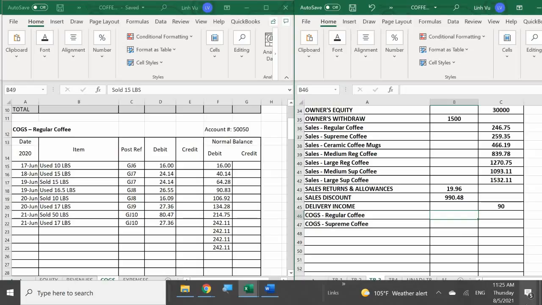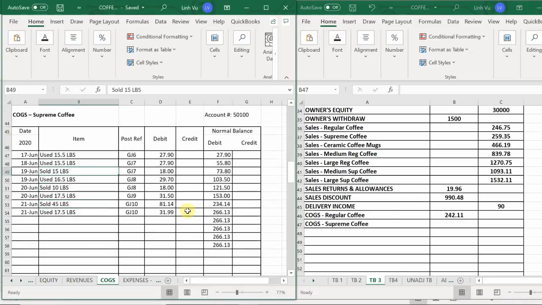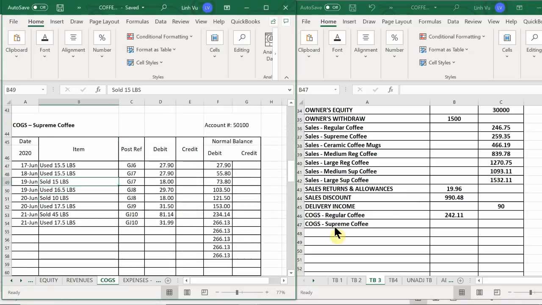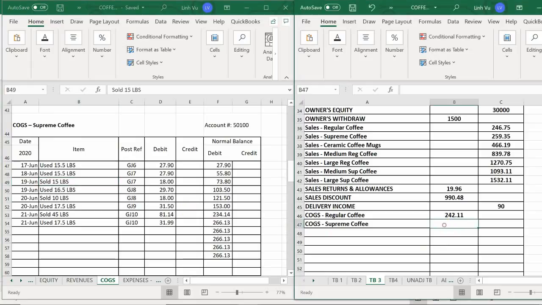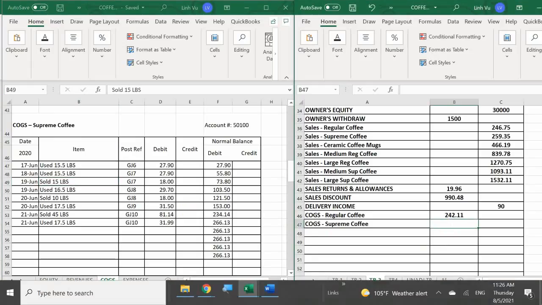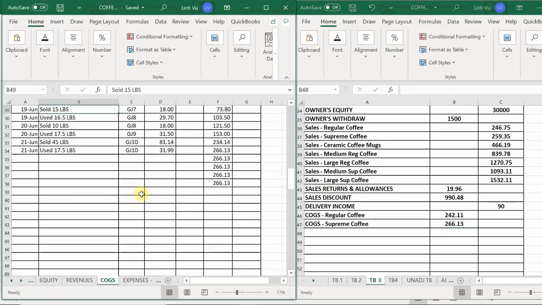So in this case, how much is the cost of goods sold for my regular coffee? $242.11. Okay. What about the cost of goods sold for my supreme coffee? $266.13. Okay. So that's it for cost of goods sold.